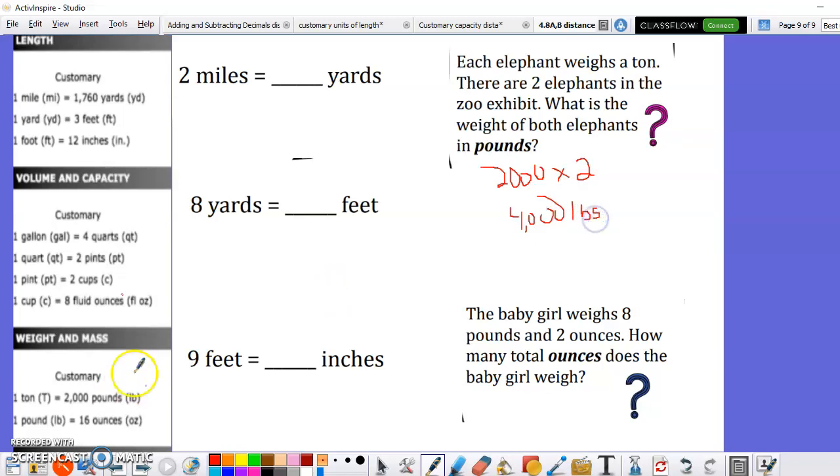See how easy it is when you have your reference sheet right here? The baby girl weighs 8 pounds and 2 ounces. How many total ounces does the baby girl weigh? Well, how many ounces are in 1 pound? There's 16 ounces in 1 pound. So if I have 8 pounds, I need to multiply that times 16.